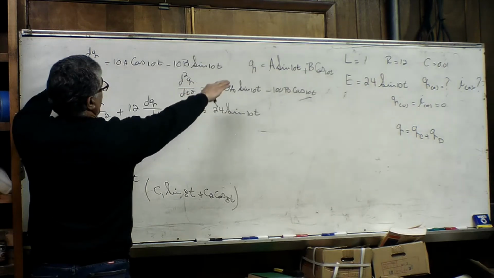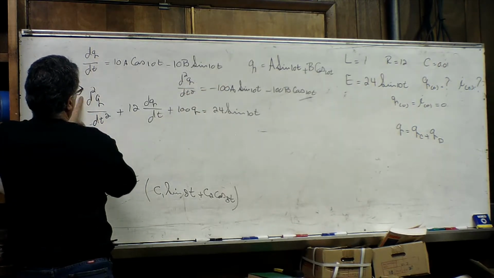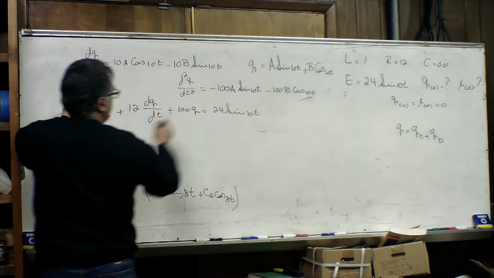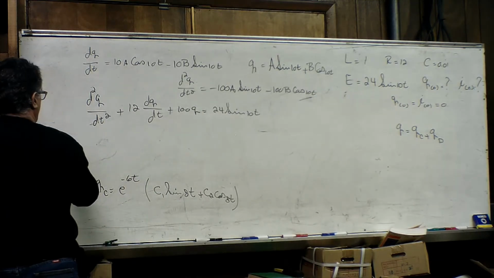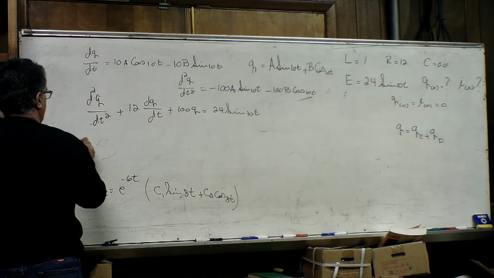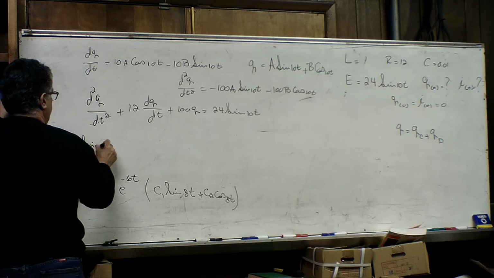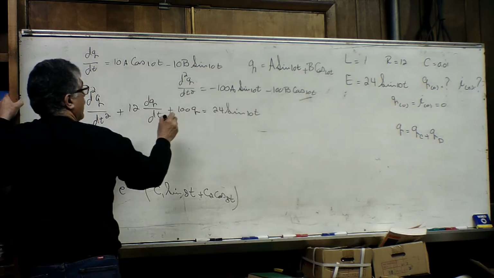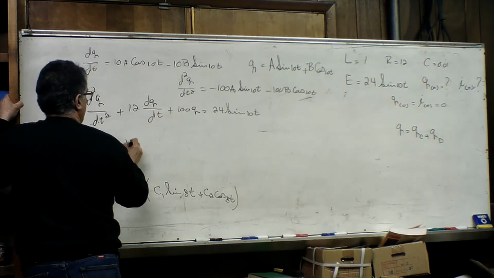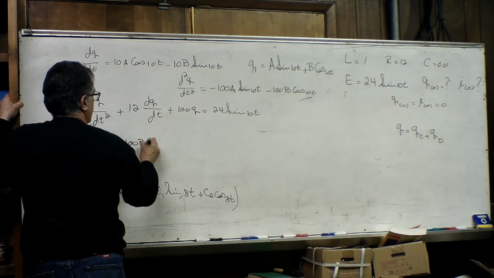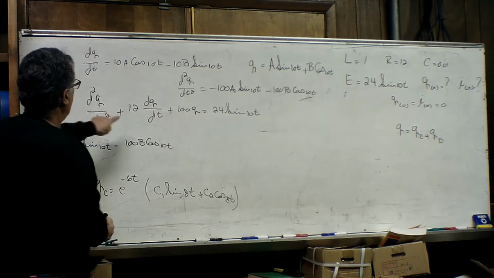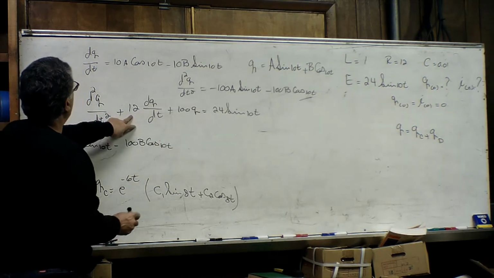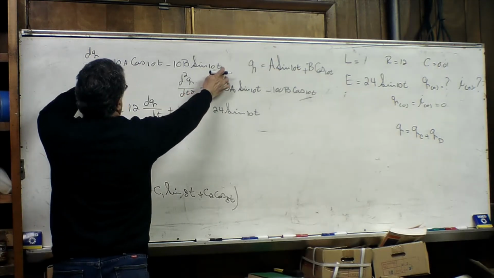So if we put those values in here, d²q/dt² is minus 100a sine of 10t minus 100b cosine of 10t, plus 12 multiplied by dq/dt.